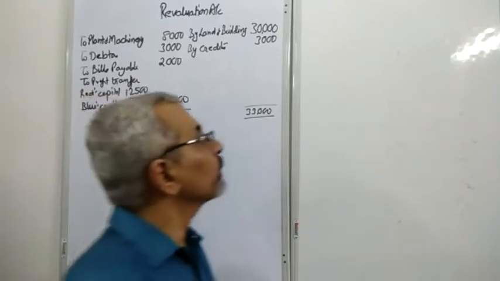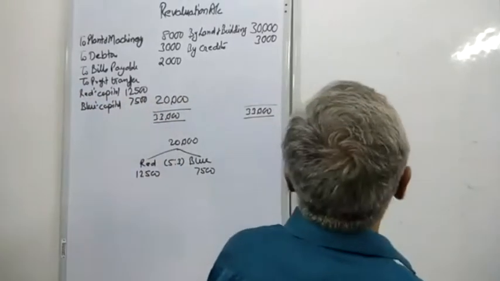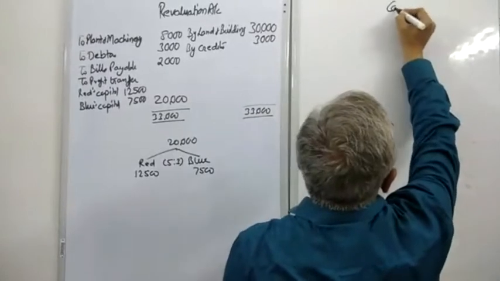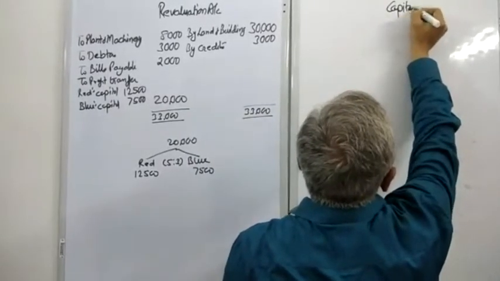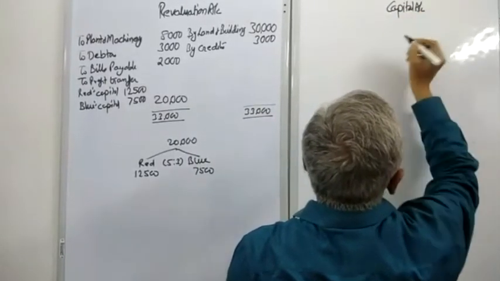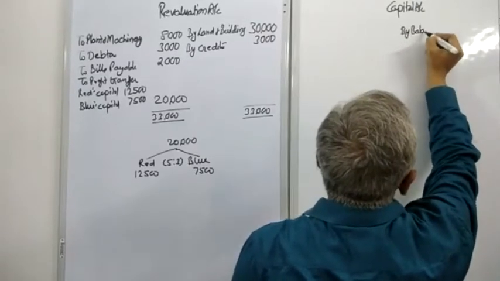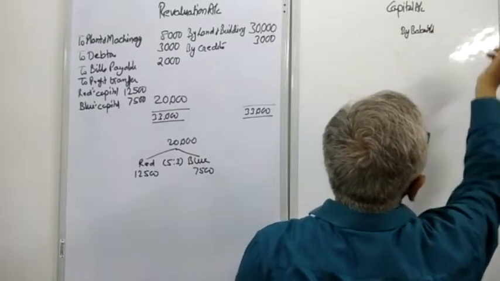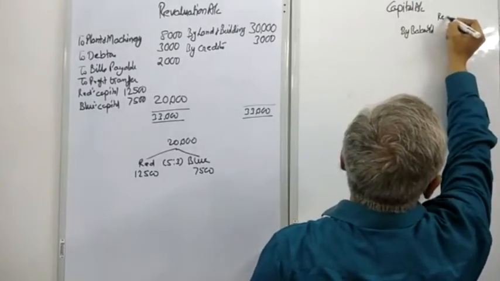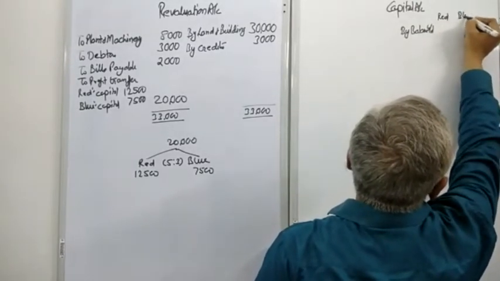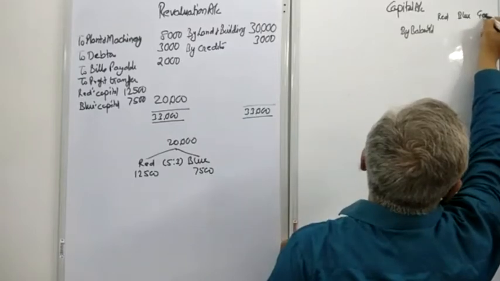So let us start with the capital account. We start with by balance brought down. Who are the partners? Red, blue and green.